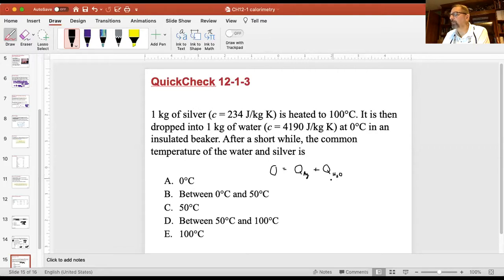And I think this number is actually a negative number. There is heat being lost by the silver, and the water is actually gaining. Let's see if that makes sense.